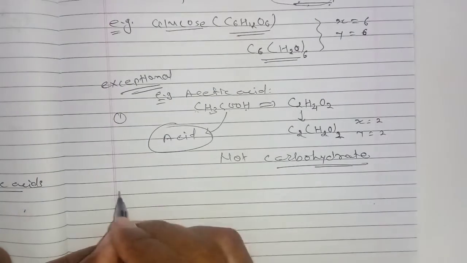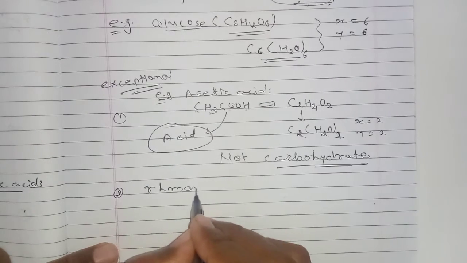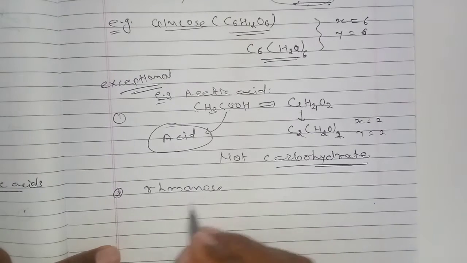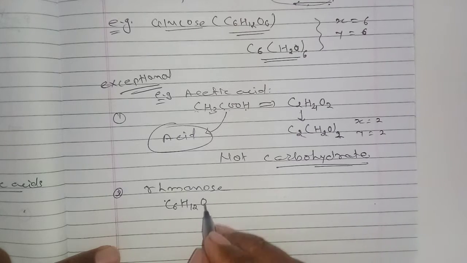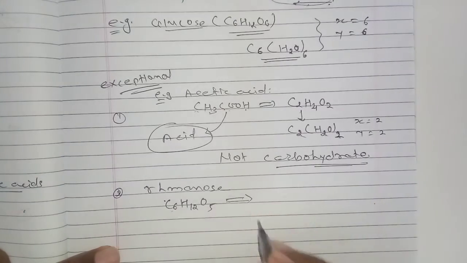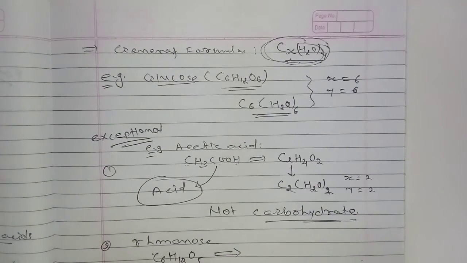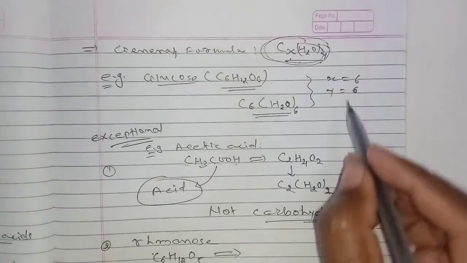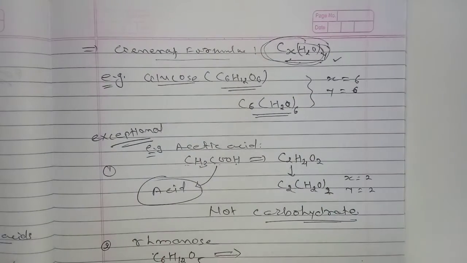Second example, rhamnose. Its chemical formula is C6H12O5. It does not fulfill the general formula, but rhamnose is classified as a carbohydrate.